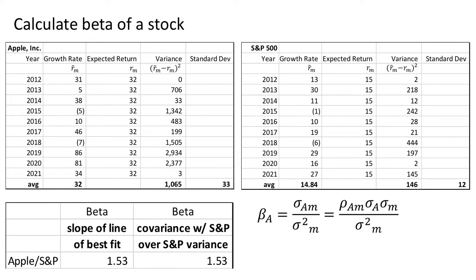We get the average return, which is 32%. We find the difference between the expected return and the actual return for each year and square that to get our variance numbers. We total up our variance, divide by 9 to get 1,065 percentage squared variance. Take the square root of that to get our 33% standard deviation.